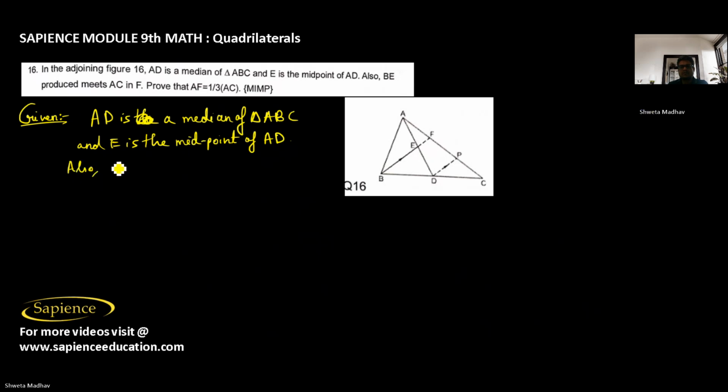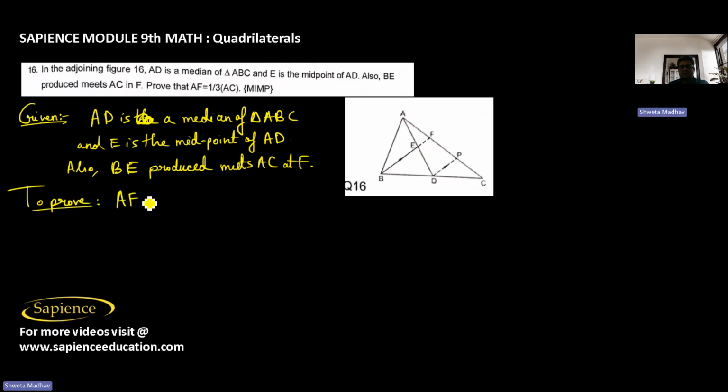Also, BE produced meets AC at F, and then we have to prove that AF equals 1/3 of AC.